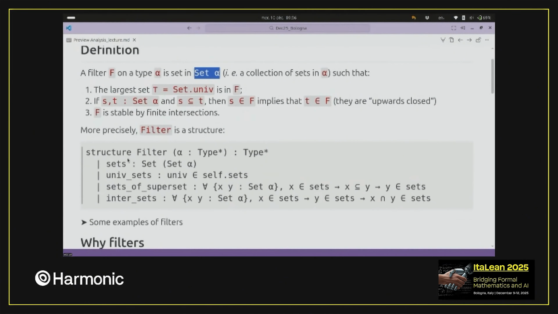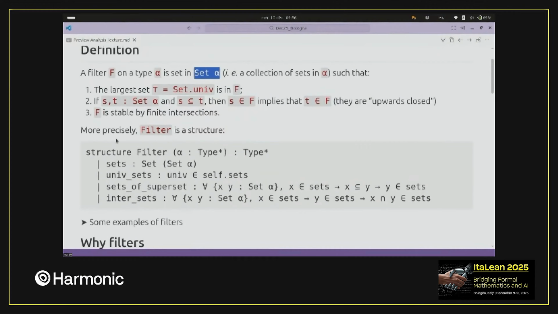Univ is the way of saying I look at the whole type as being a set. So sets and types are somewhat different. There is a way of speaking about sets, and a set is very easy to define. Actually, a set is a function from your type to Prop. If you think of Prop as being 0, 1, it's the characteristic function of the set. So univ, in my example, would be the real numbers.